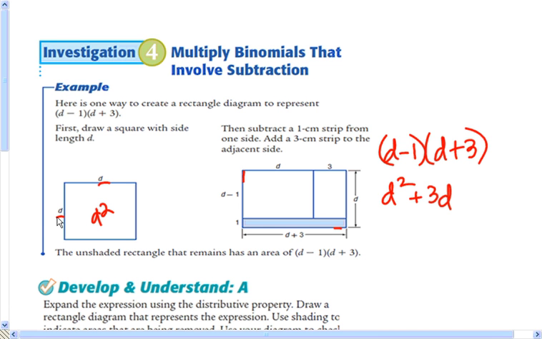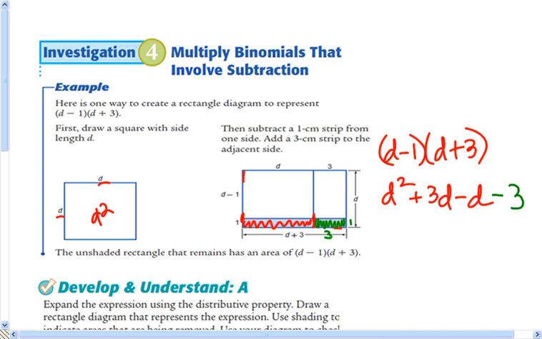And this length right here, that strip is 1 wide, and d from there to there is d long. So that strip there is 1d that we have to take off. And then this other little strip on the end is 1 by 3. So we need to remove 3.